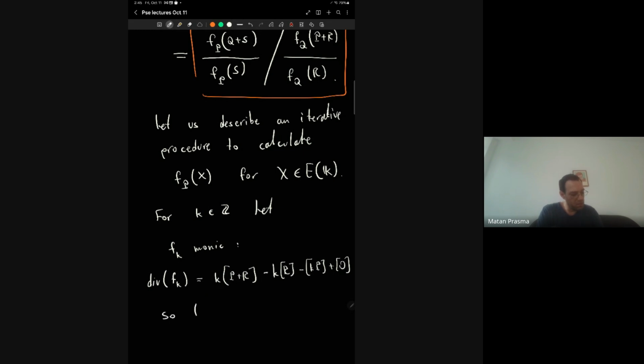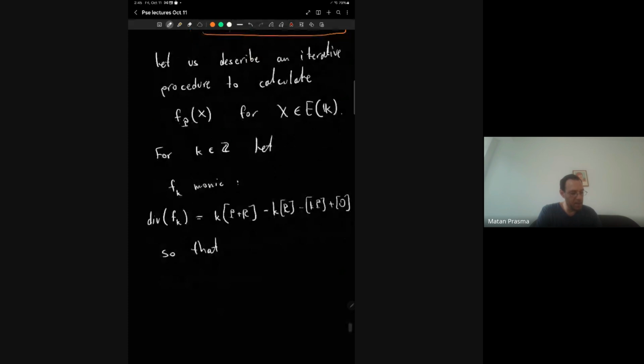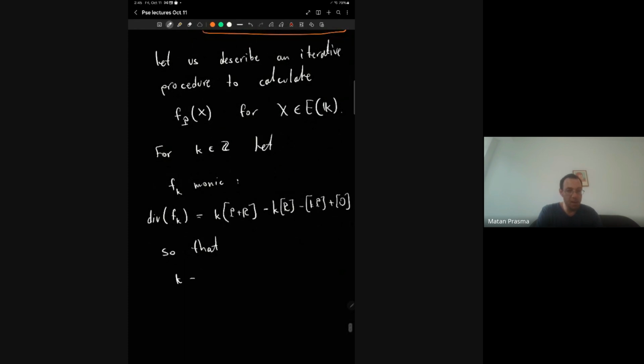So if I take k equals n, then f_n is equal to f_P, right?